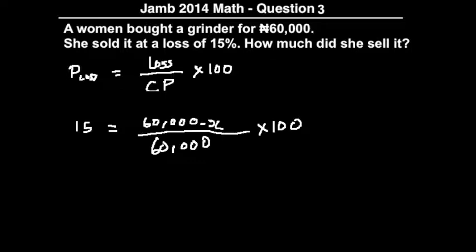What I would do in this case is I would multiply each side by 60,000 in order to remove the 60,000 from the denominator of the right side. So let's just do that. Let's multiply this by 60,000.